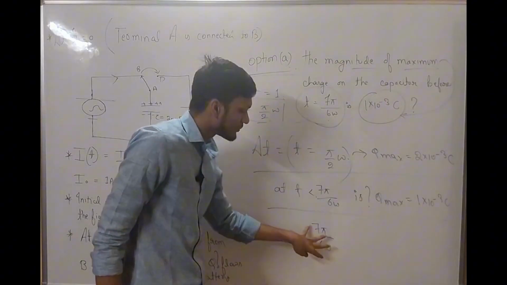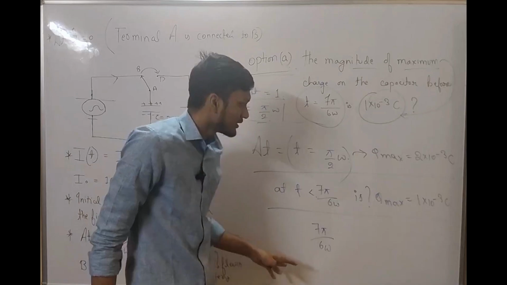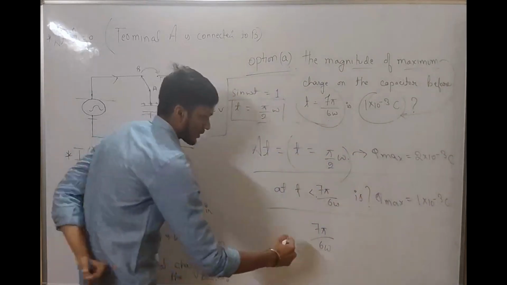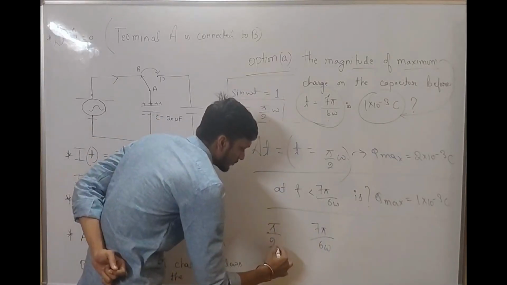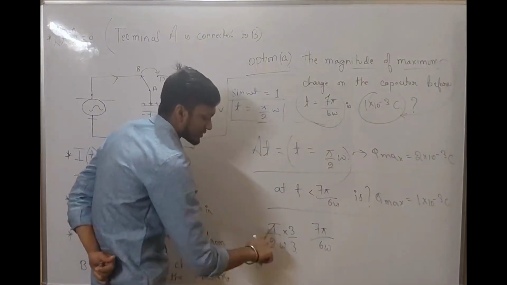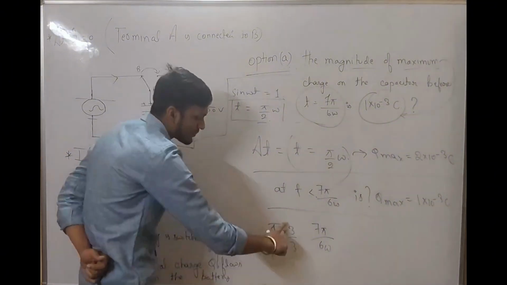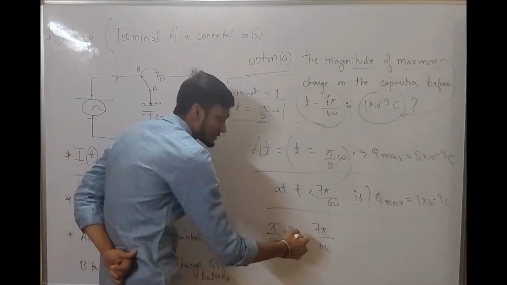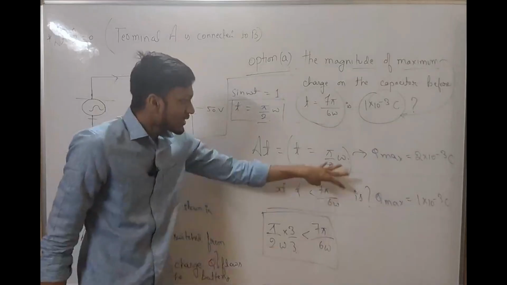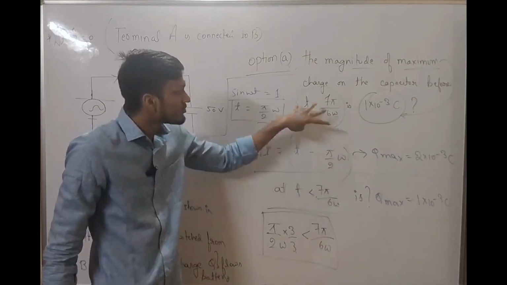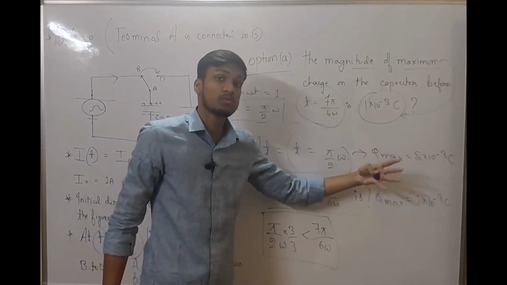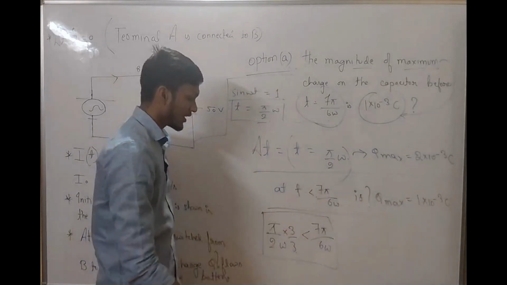If it lies before, then the maximum charge will have been reached. So pi by 2 omega, written as 3 pi by 6 omega, is definitely less than 7 pi by 6 omega. This particular time must have occurred before this time, and at this time the maximum charge is 2 into 10 to the power minus 3.